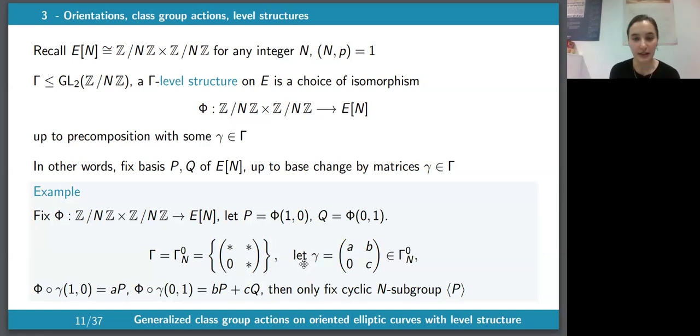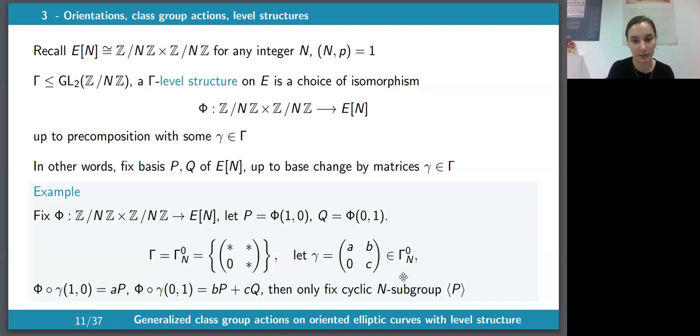Just to give an explicit example, we can think of P and Q being the points that are the image of respectively the vectors (1, 0) and (0, 1) under some fixed group isomorphism phi. And let's take gamma to be matrices that are invertible and that have a 0 in the bottom left entry. So an element gamma will have this shape right here.